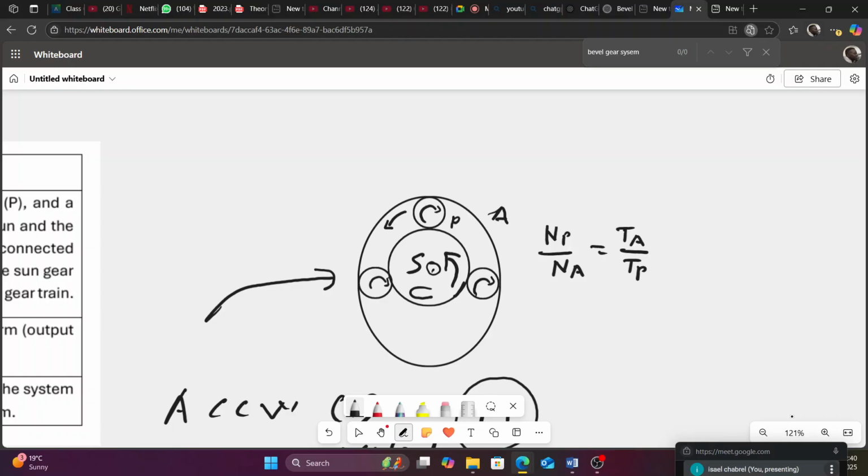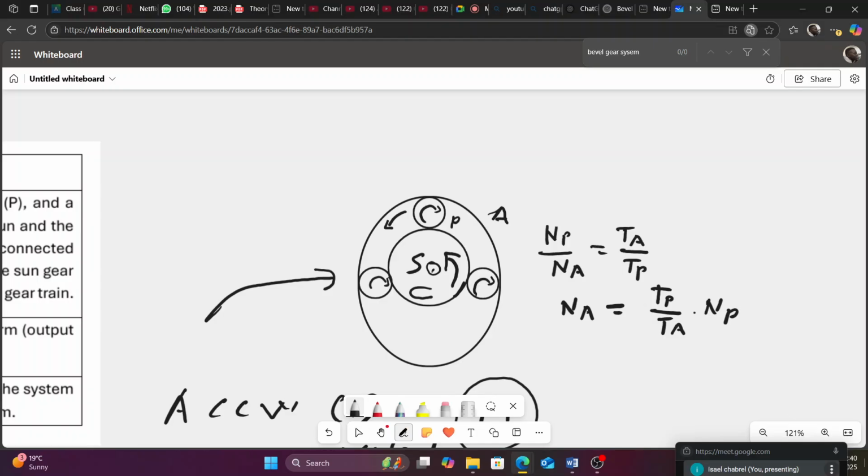Now, what are we looking for? We are looking for the speed at A. So NA will be, if I cross multiply, TP over TA multiplied by NP.